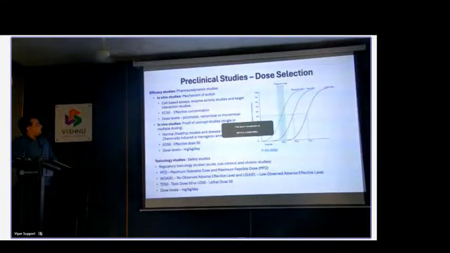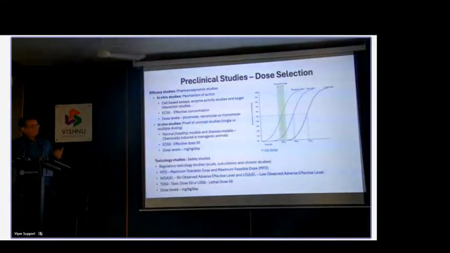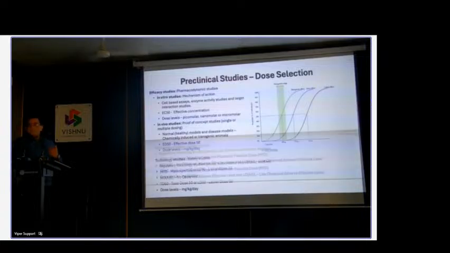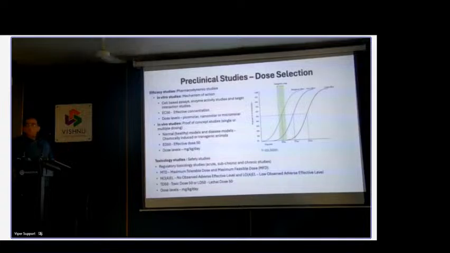So that gives an EC50, effective concentration 50, and the dose levels, usually if it is a single molecule, you would end up with picomolar or nanomolar or micromolar concentration. Usually that type of graph would come here actually, another sigmoidal curve.